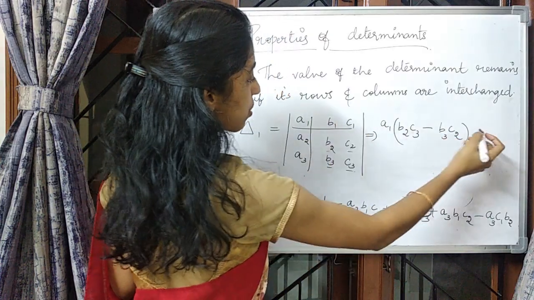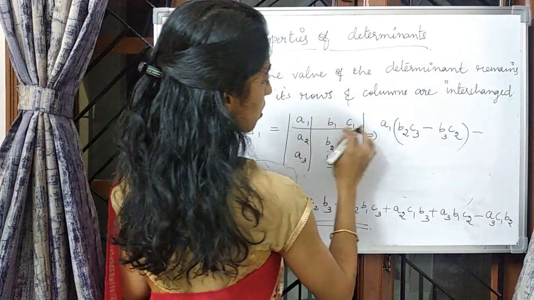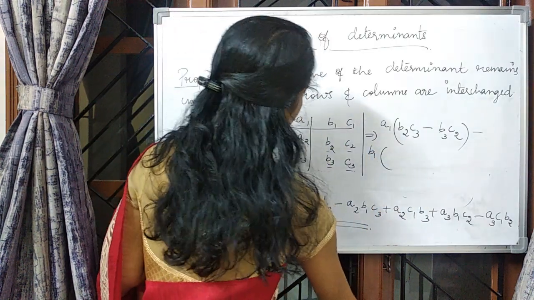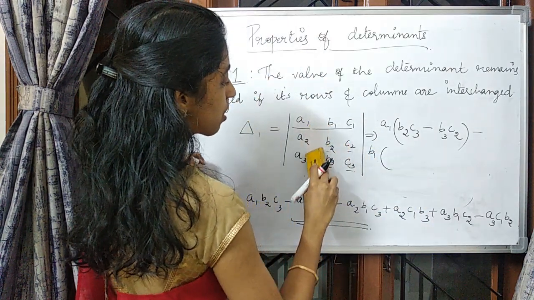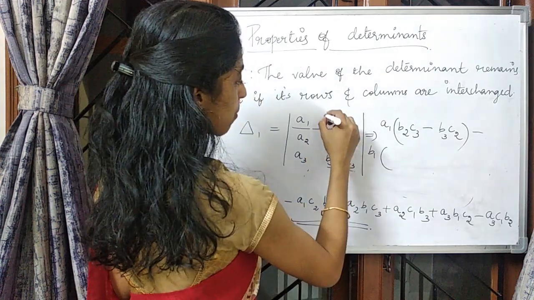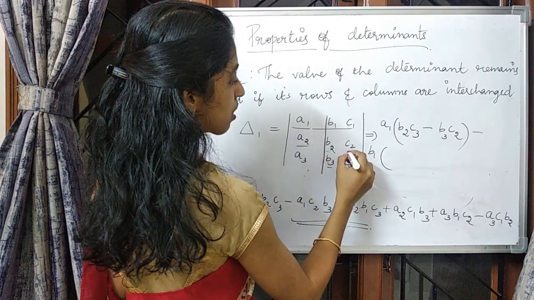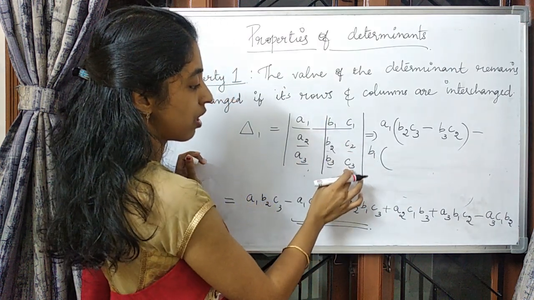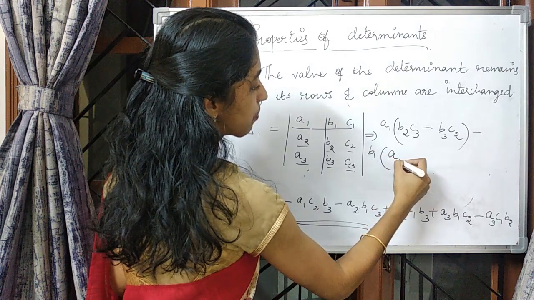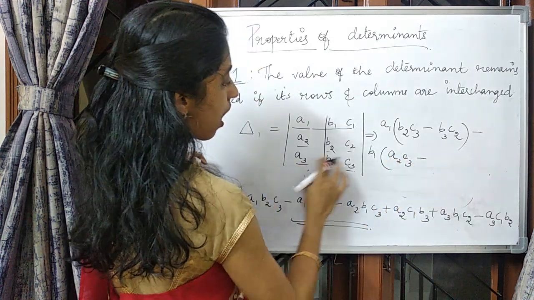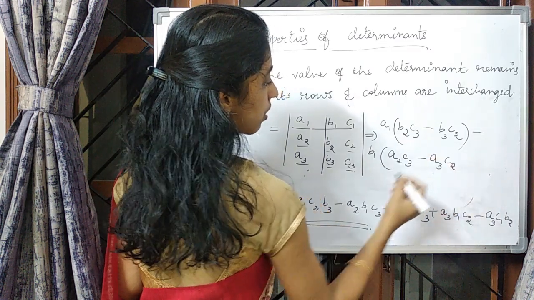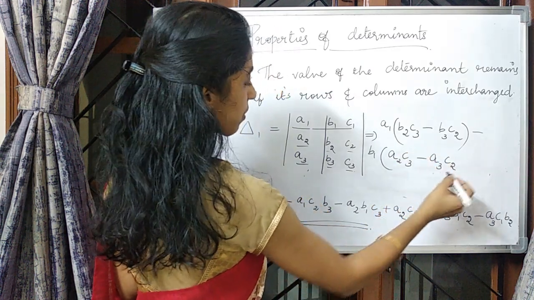Then the next element has a minus sign, so minus B1; its corresponding row and column vanish. Then these four elements: A2 C3 minus A3 C2.